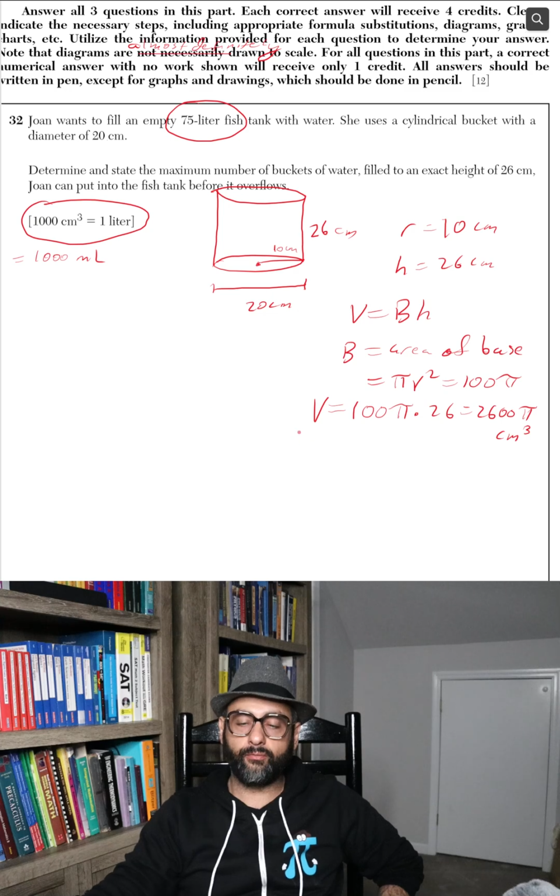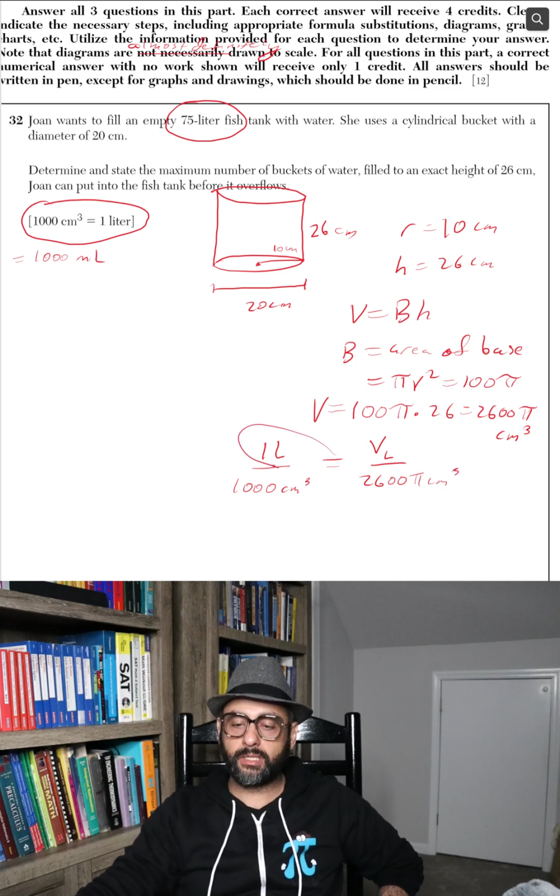And if 1 liter is 1,000 centimeter cubed, then 1,000 centimeter cubed is to 1 liter as 2,600 pi centimeter cubed is to some mystery number of liters.